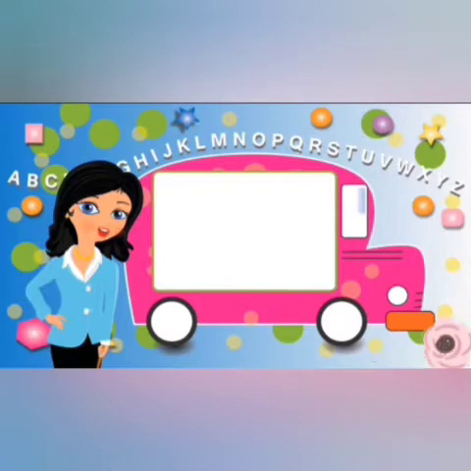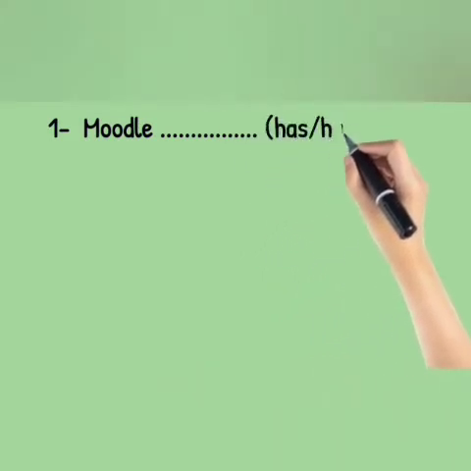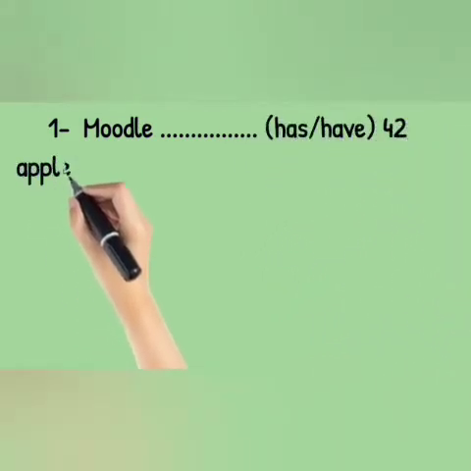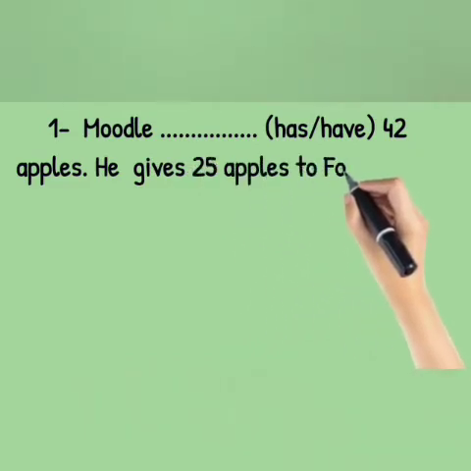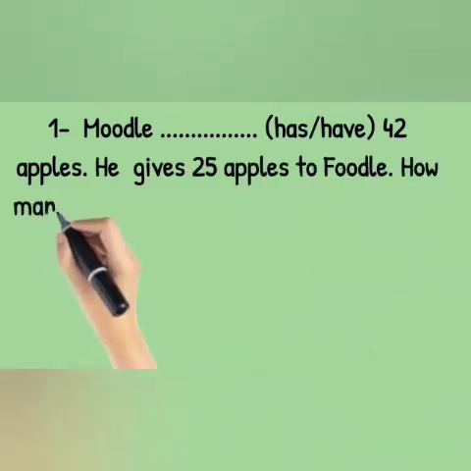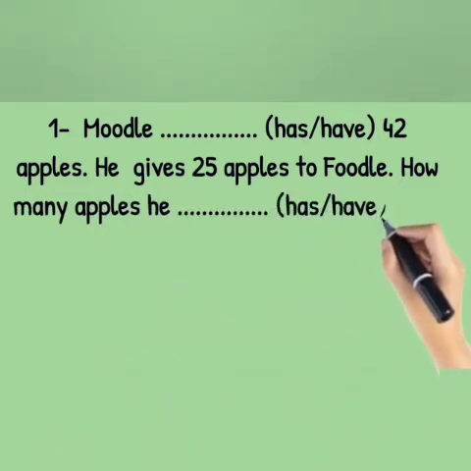So, over here we have a word problem. It says, Moodle dash 42 apples. He gives 25 apples to Foodle. How many apples he dash now?